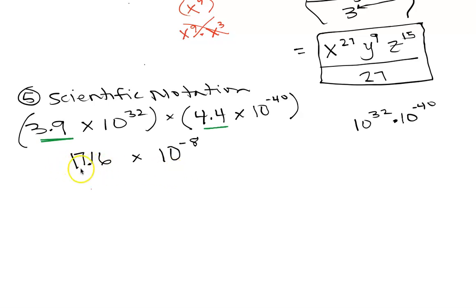Okay, but right now, this is not written in scientific notation, because this number is 17.16. And in order to be written in scientific notation, that number out in front needs to be bigger than 1, but smaller than 10.